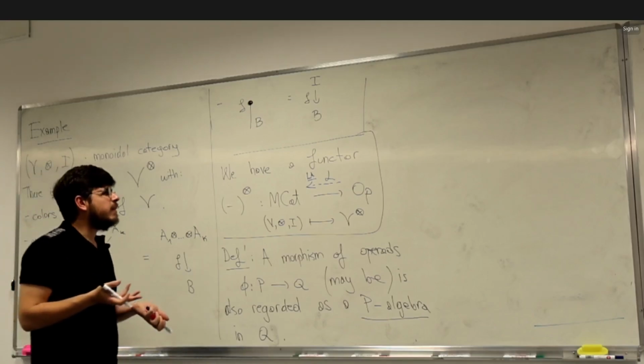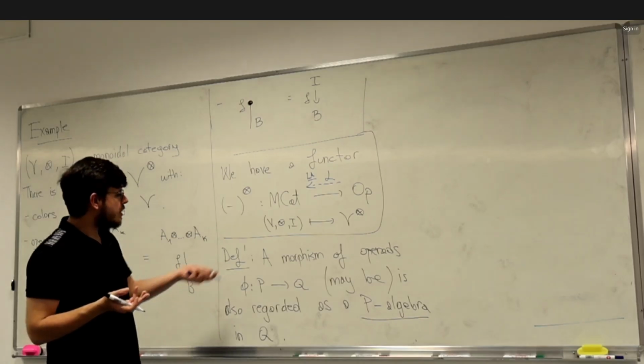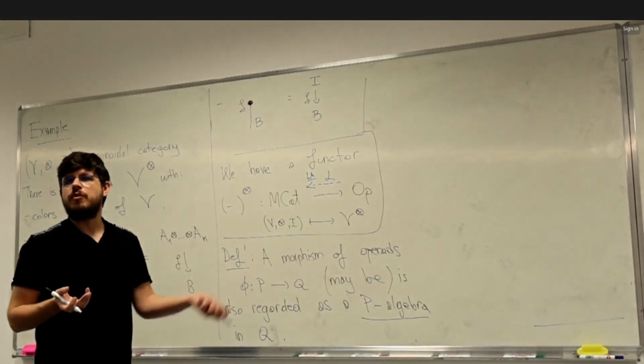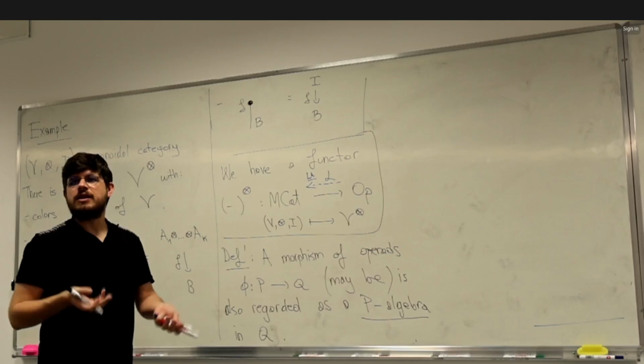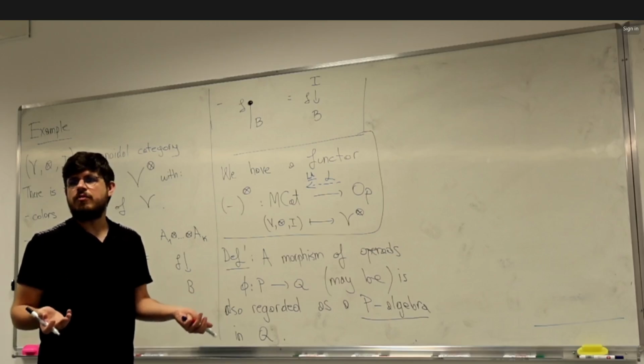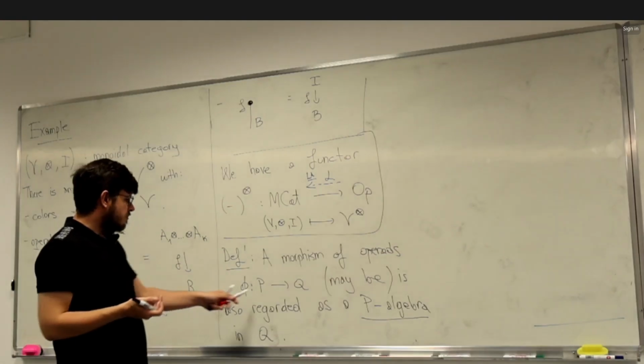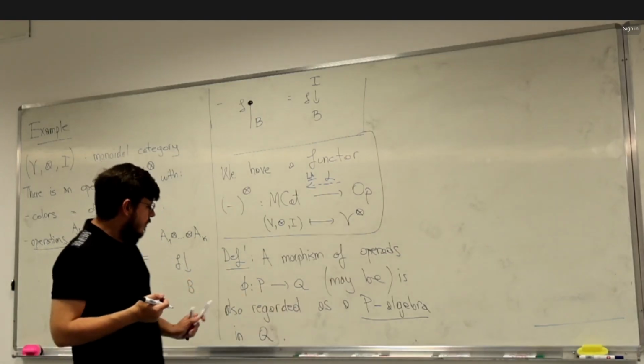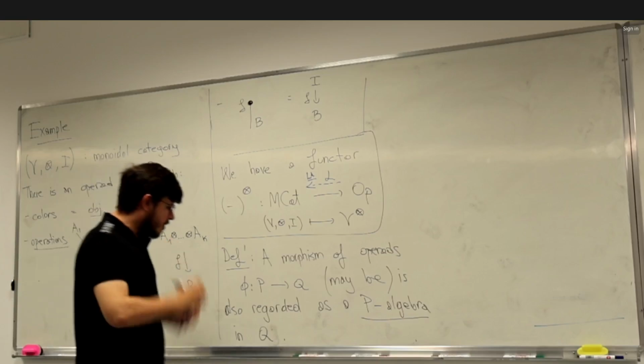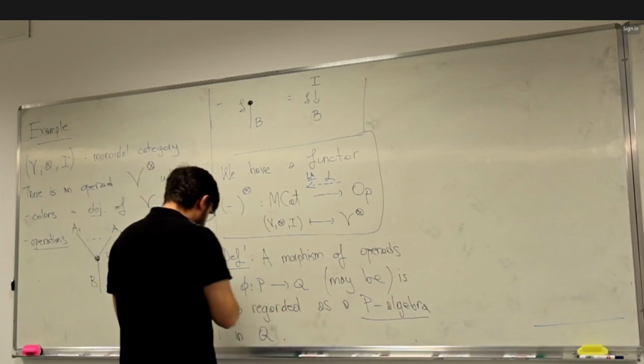The best other case I know where this happens is morphisms of commutative rings, which are sometimes called just algebras by algebraists. So a morphism of operads is regarded as an algebra. Let me just say this.